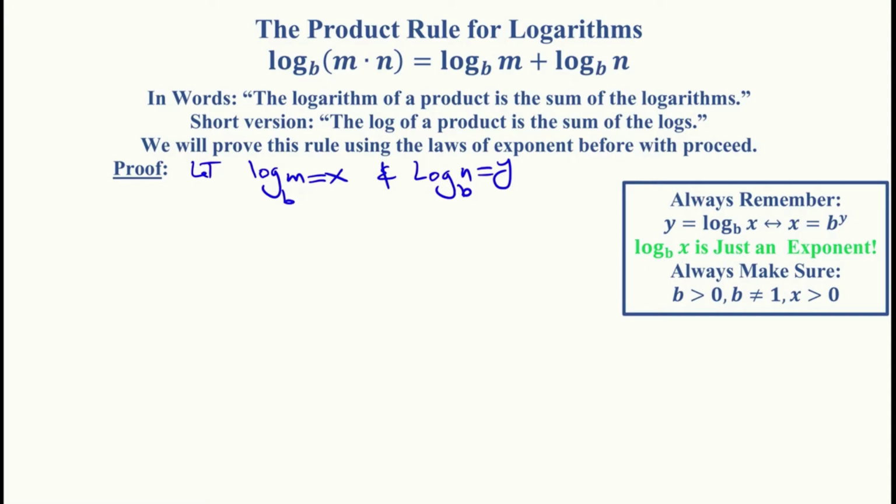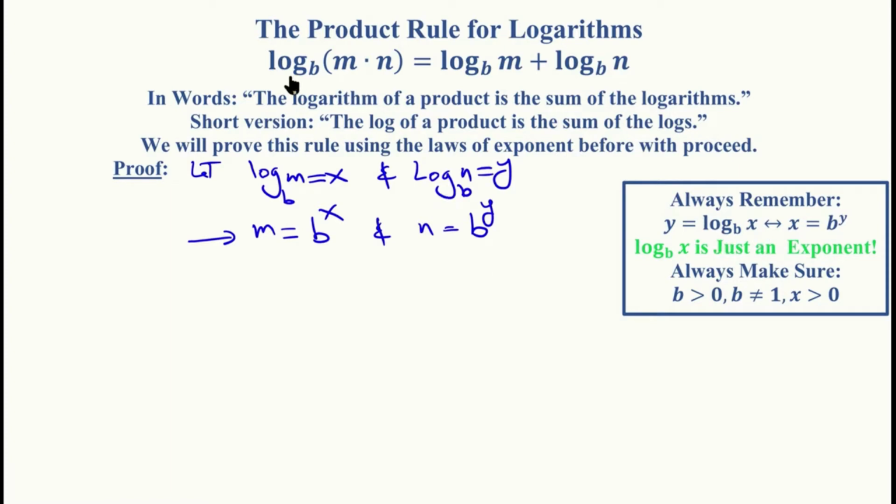All right, so if we go ahead and put both of these in exponential form, we get m equals b to the x and n equals b to the y. That's just a quick application of what the definition of logarithms tells us.